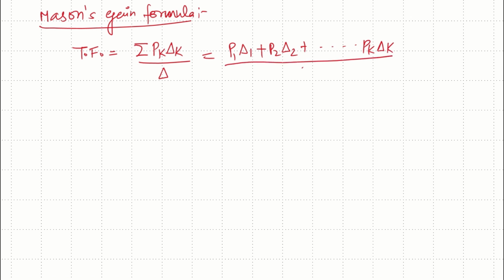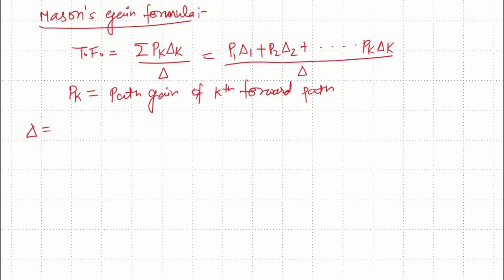Here P1, or more precisely Pk, is the path gain of the kth forward path, which I already discussed in the previous slide.